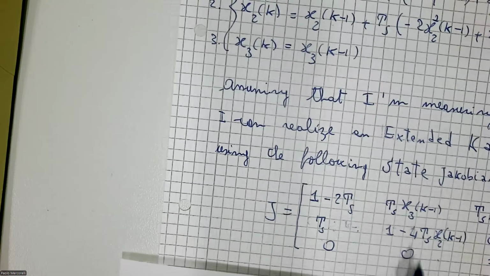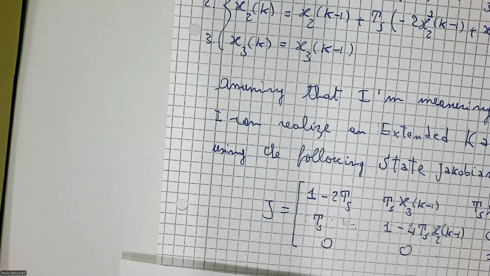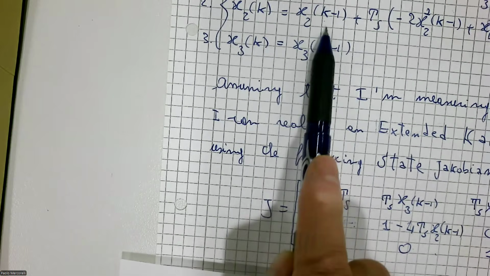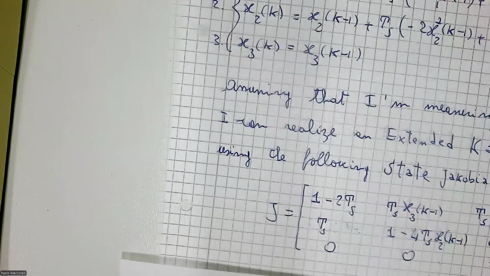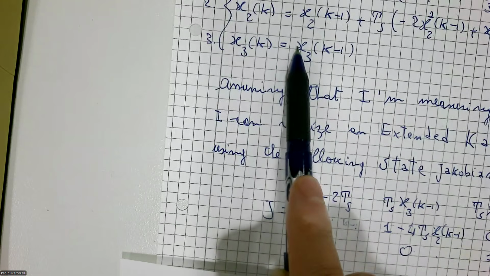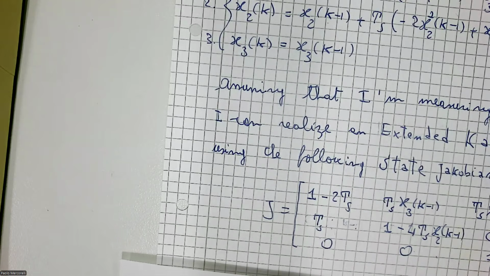Here the same, we don't have the dependence of this equation with respect to x2 of k minus 1. This means 0, 0. Why 1? Because here the derivative of x3 of k with respect to x3 of k minus 1 is 1. Because it's linear here with the coefficient 1.